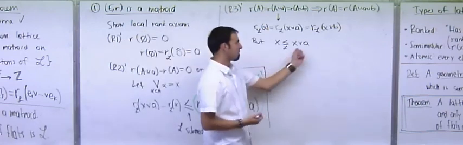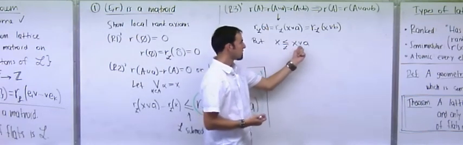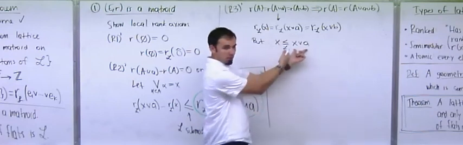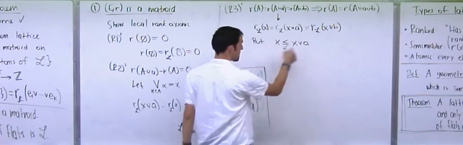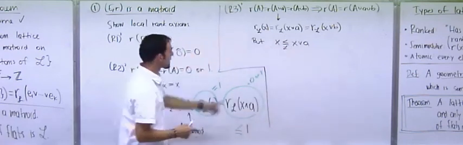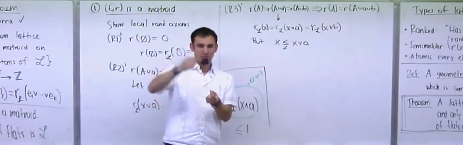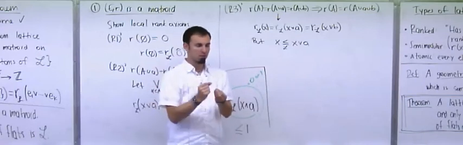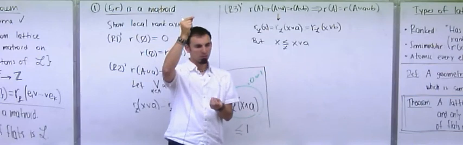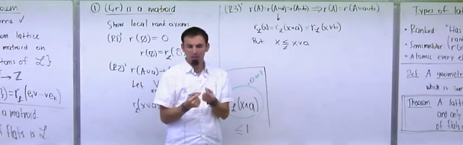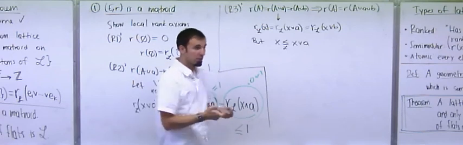But remember, by definition, X join A is an element that is an upper bound for X and for A. So just by definition, you have this inequality in the lattice. So if you have two things, and there's a path from X to X join A, and yet they have the same rank, the only way that can happen is if they're exactly the same element.